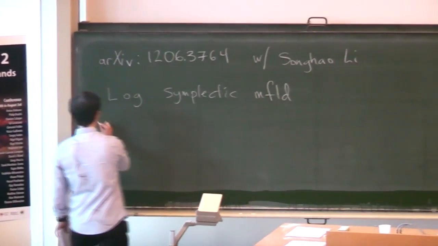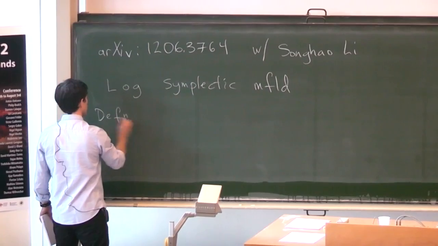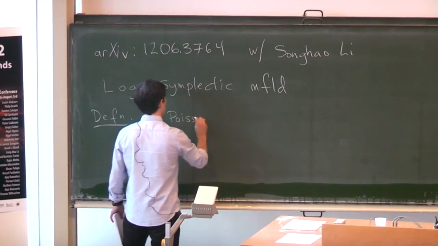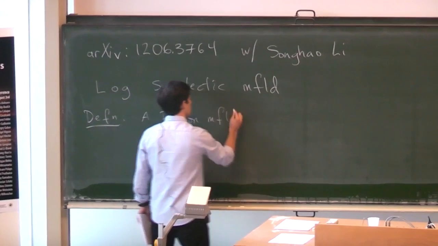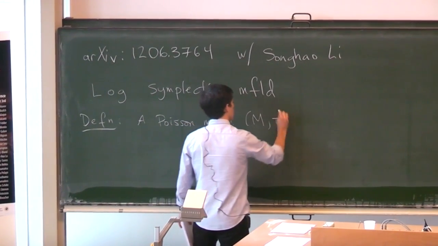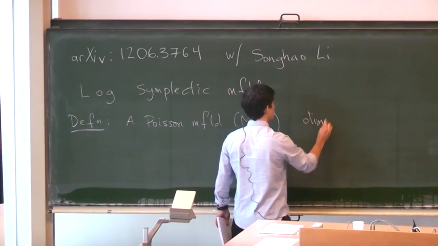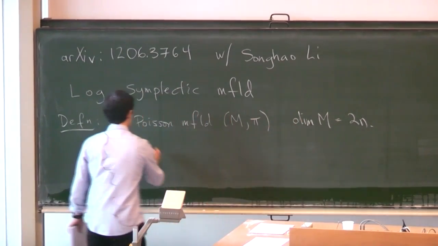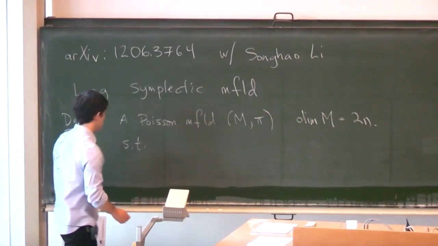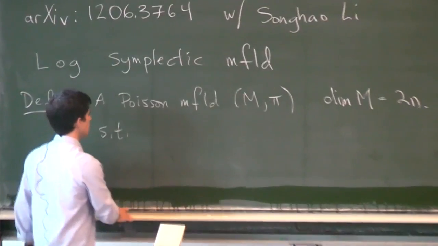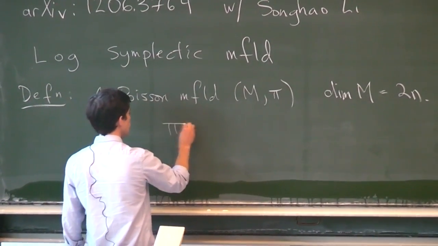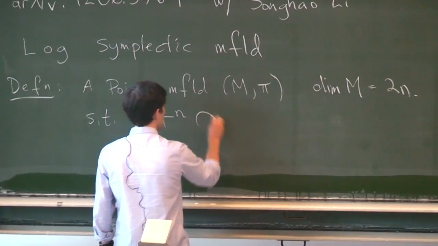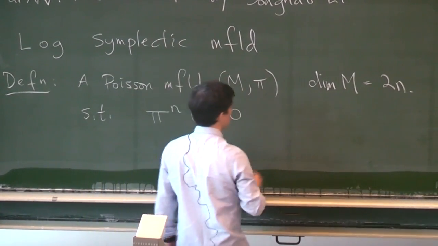So a log symplectic manifold is a Poisson manifold, let's say the dimension is 2n, and it has a very simple condition placed on it, which is that the Pfaffian, which is the top power of the Poisson tensor, vanishes transversely.